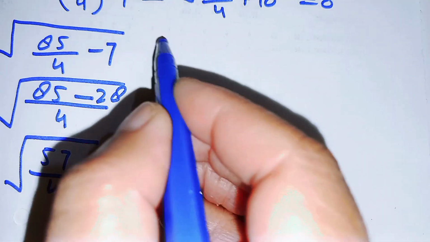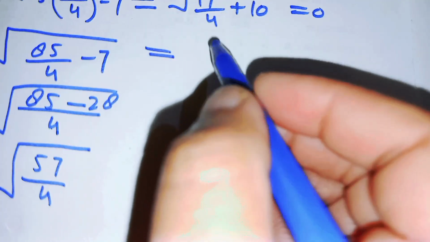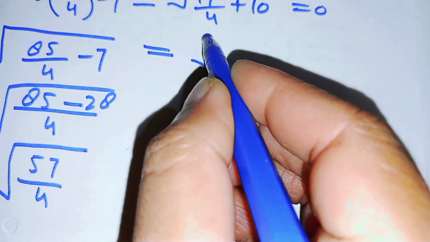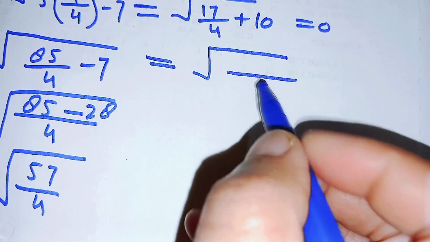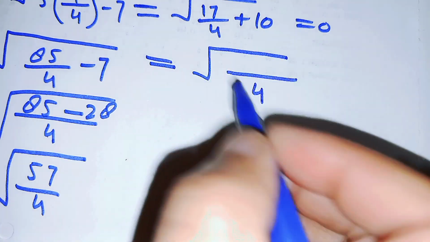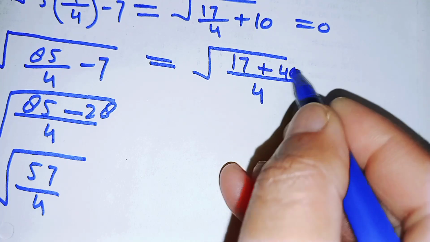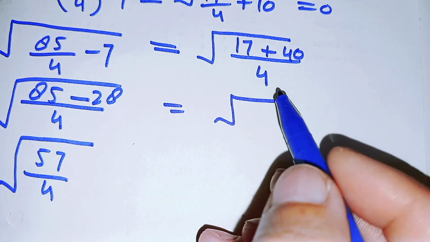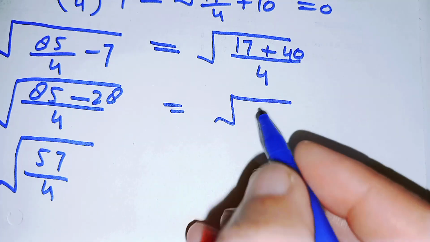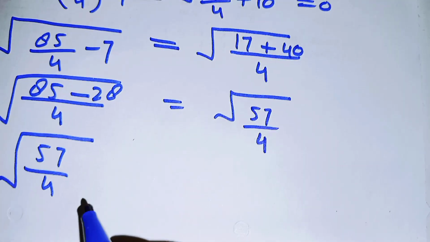And now here same as it is, we take LCM here and this 4 is and 4 ones are 4 and 17 is 17 and 10 fours are 40. And so here square root of 40 plus 7 is 57 over 4.